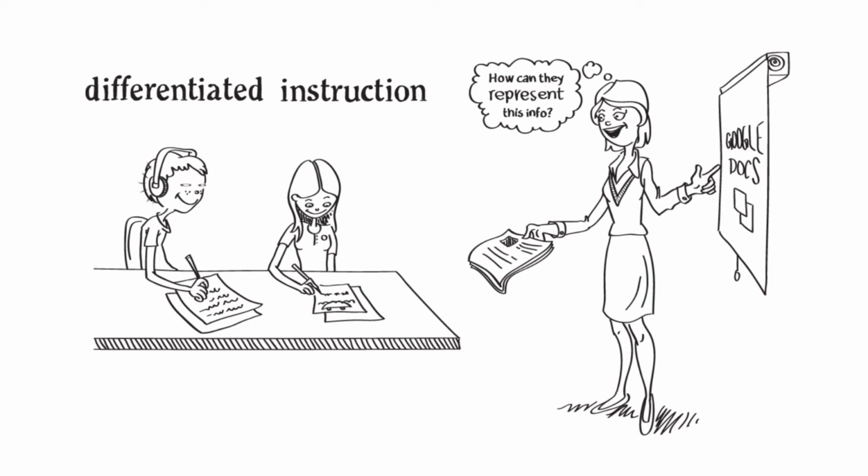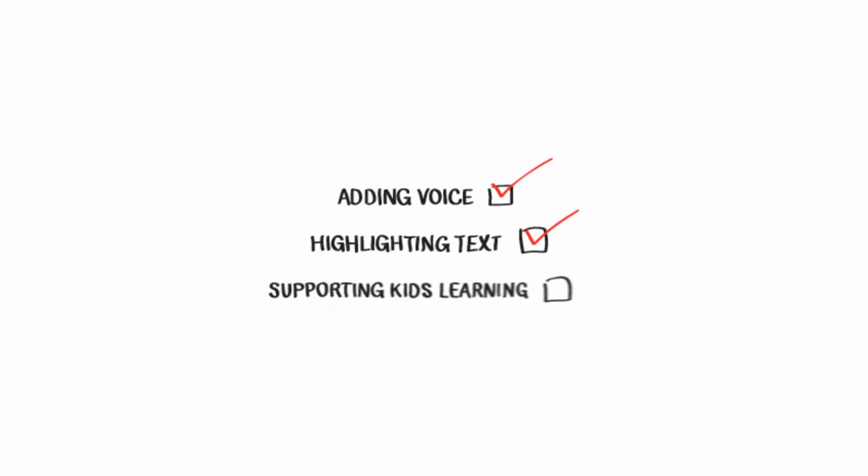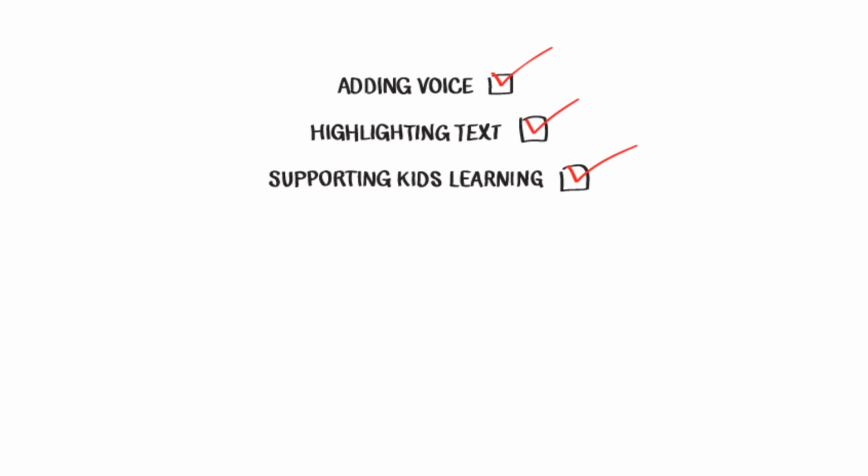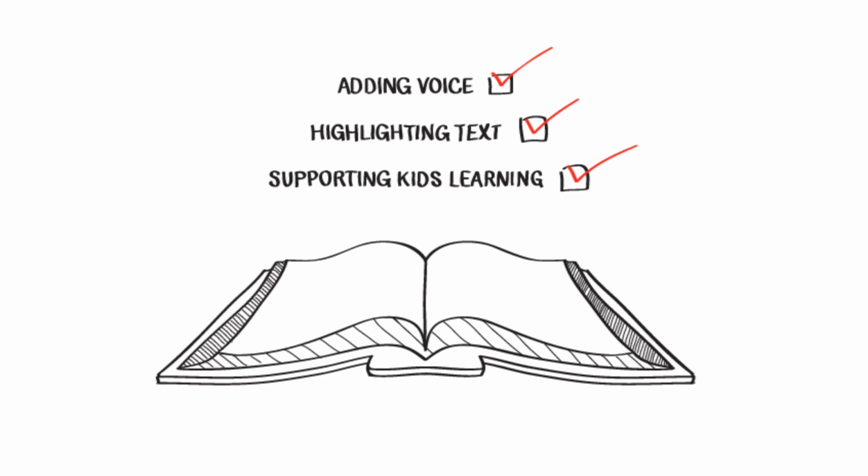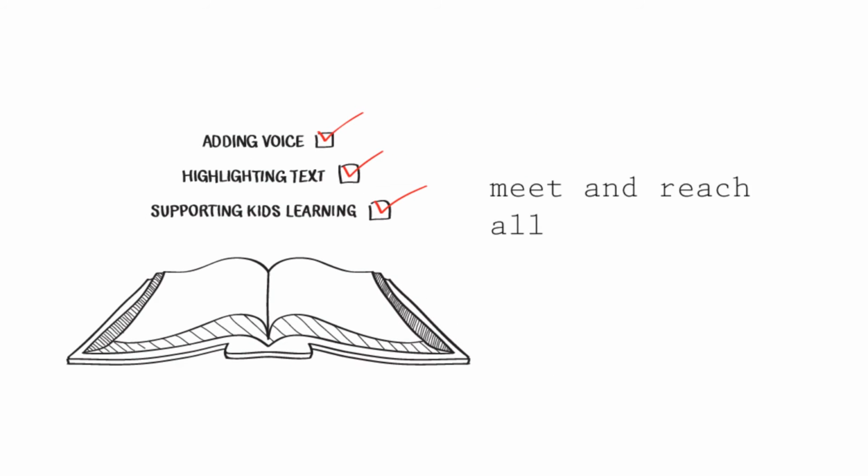A teacher might also consider software that could help kids with audio by adding voice or highlighting text and supporting kids' learning. A lot of textbook companies and different publishers now include those kinds of materials to meet and reach all of our kinds of learners.